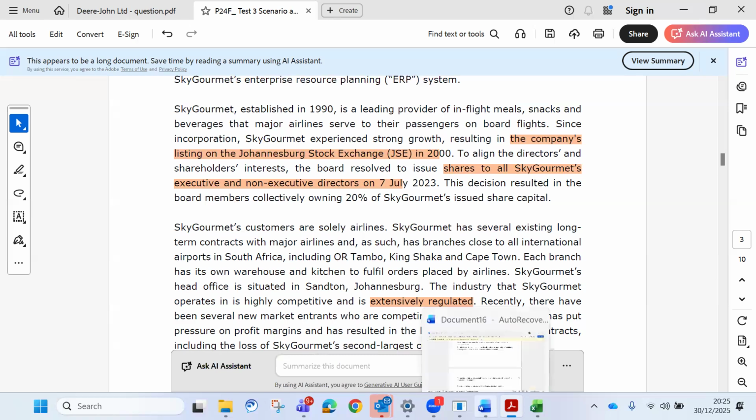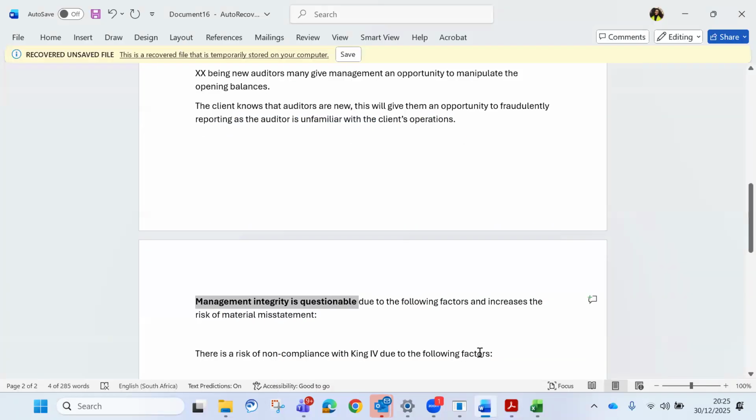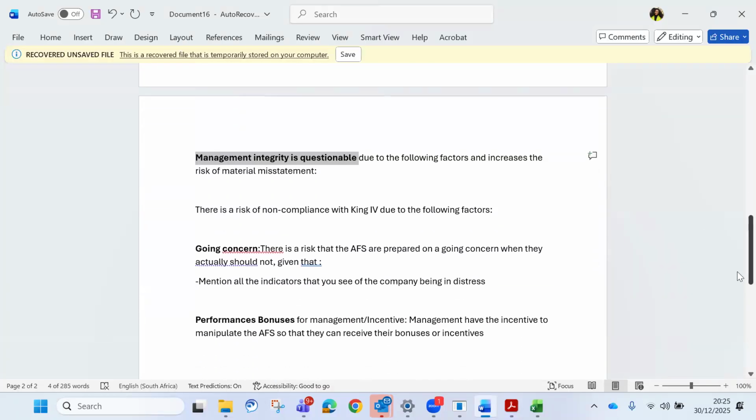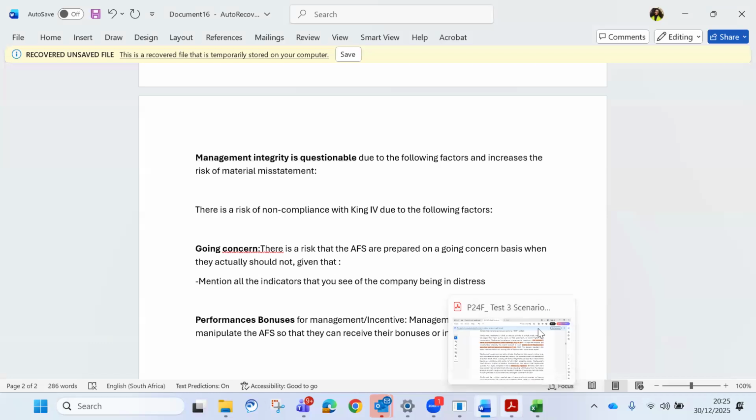You put this wording first to say that there's a risk that the AFS are prepared on a going concern basis when they actually should not be, given that one, Sky Gourmet has lost its second largest customer, who is also a long-term customer. There's pressure on margin sales. Then you can bring in all the other ones that you see as you read down. Does it make sense?